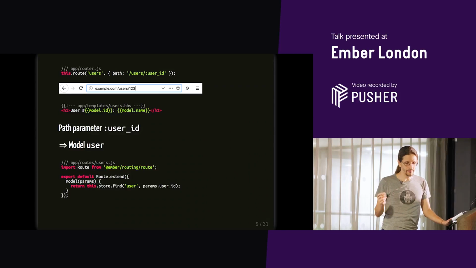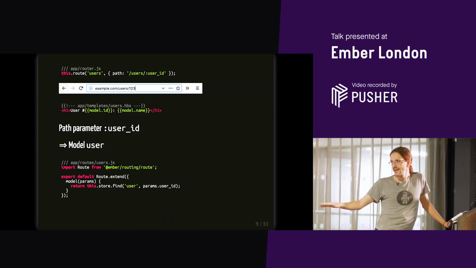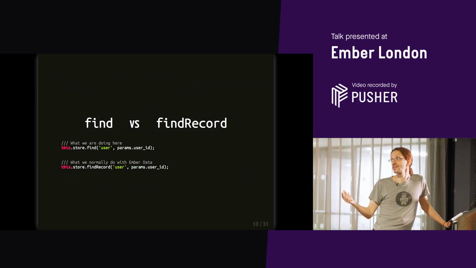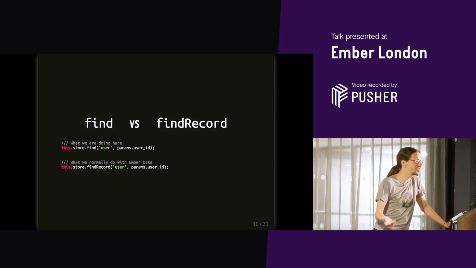One thing that is worth stopping and mentioning now is that this default implementation is using .find. It is not using findRecord, which is what we are used to with Ember Data.